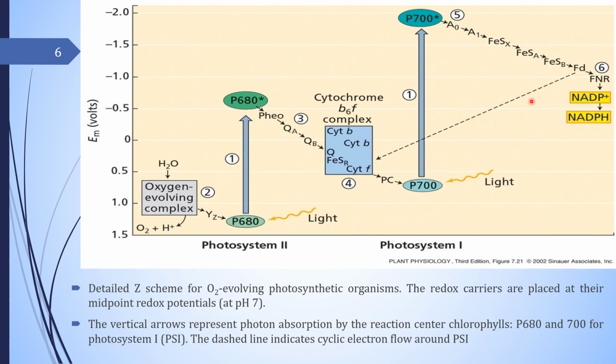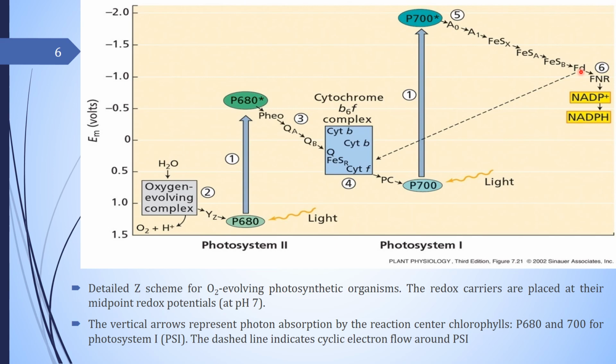The dashed line indicates the cyclic electron flow around PS1. If electrons are not given to the FNR, the ferredoxin returns them to the cytochrome B6F complex, where again they travel through PS1 and reach the ferredoxin.